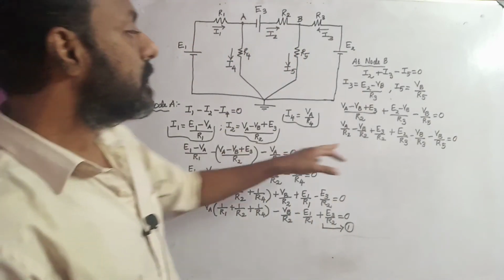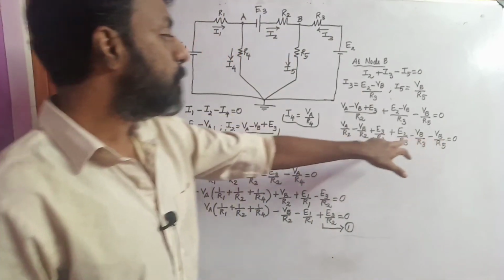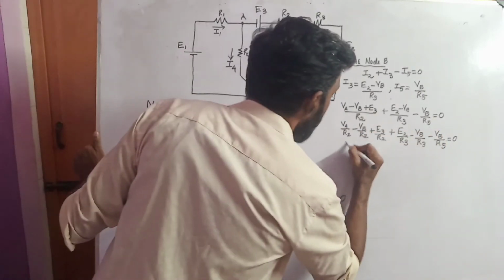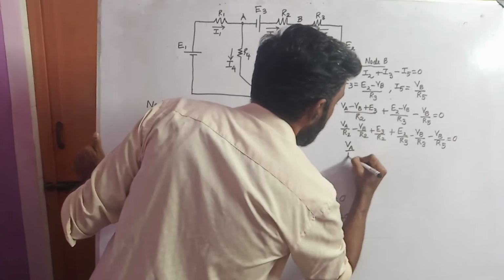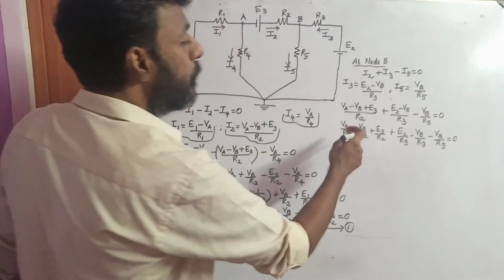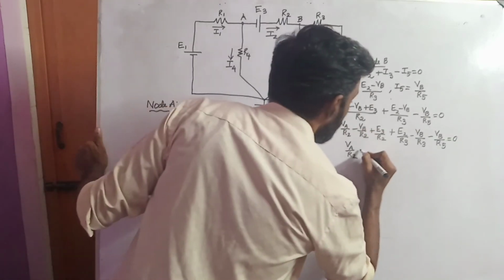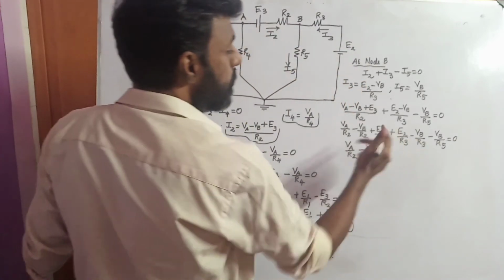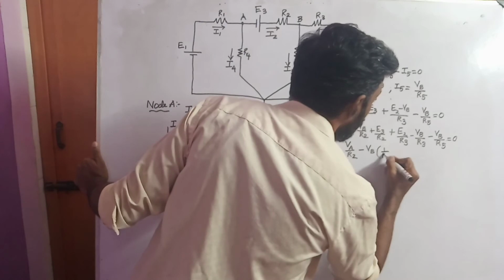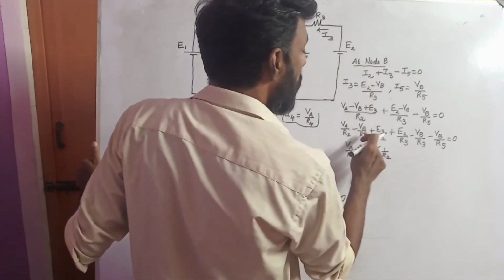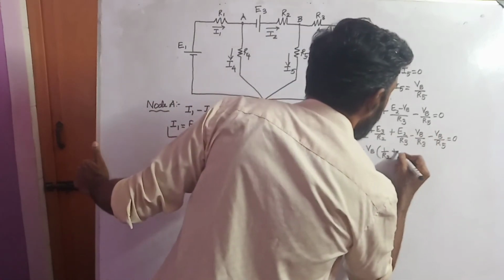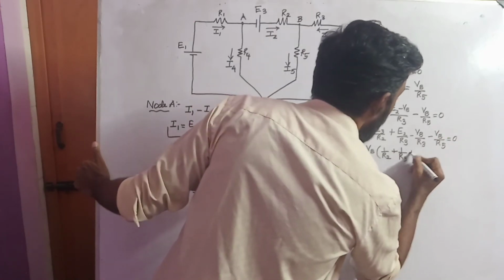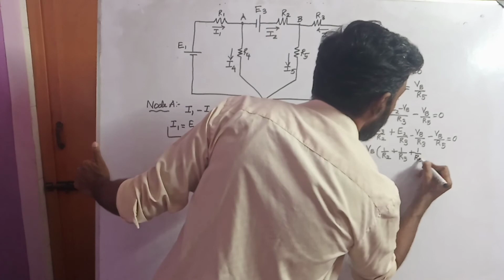So now I have three different terms in VB. So what I'm going to do is VA by R2. I have only one VA. So next minus VB, I am taking it outside. So the terms in the bracket will be 1 by R2 plus 1 divided by R3 plus 1 divided by R5.